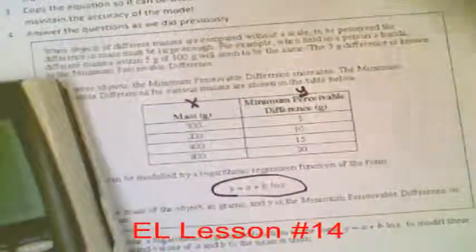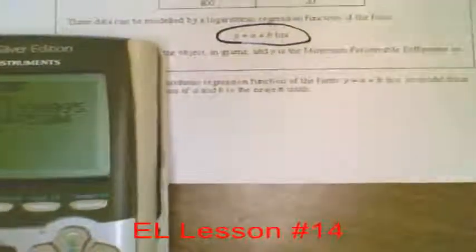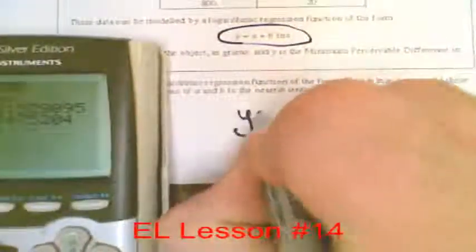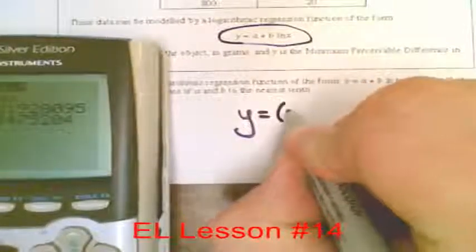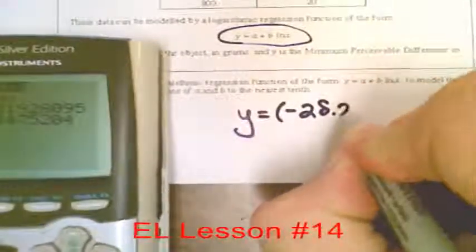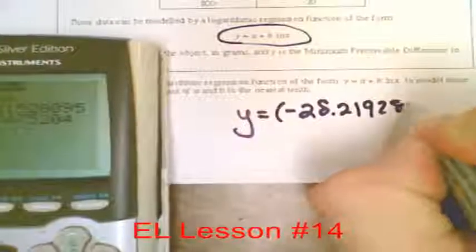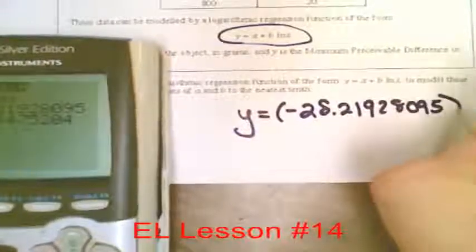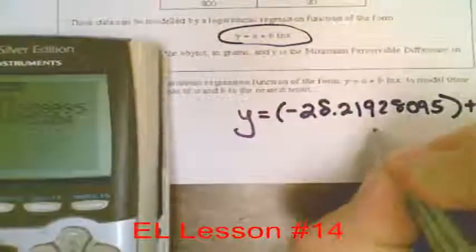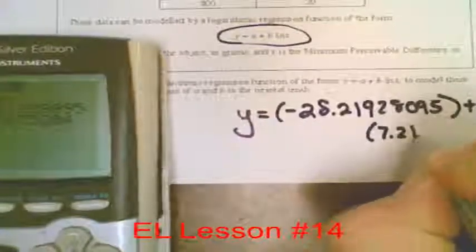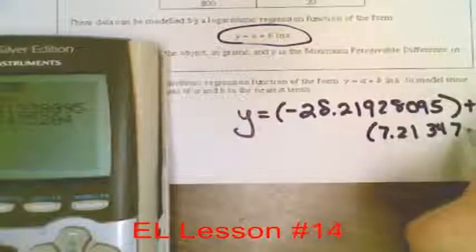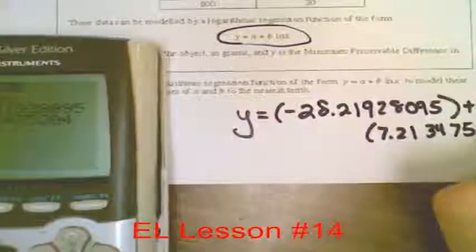If I look at this screen, keep in mind you once again still don't have r squared and r. But it tells me a is negative 28.21928095 and b is 7.213475204. I know it doesn't show up on the screen so much. But from there, what I do is I just copy it out.